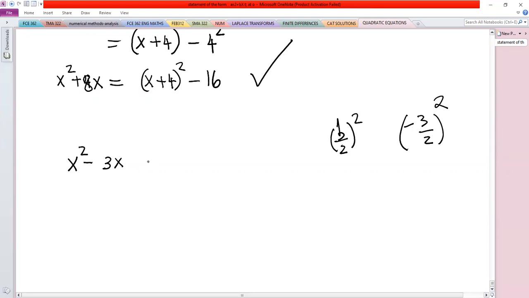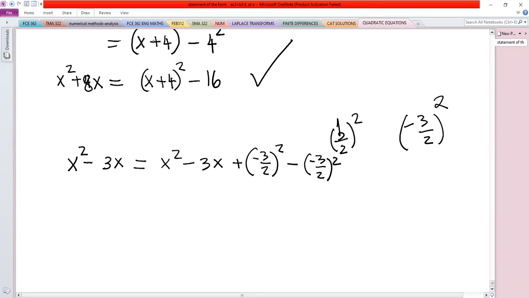You add it to the expression and then remove it so that it doesn't change the value. So you write this one as x squared minus 3x plus (minus 3 over 2) squared, but then subtract the same thing so that you are not interfering with the expression itself.